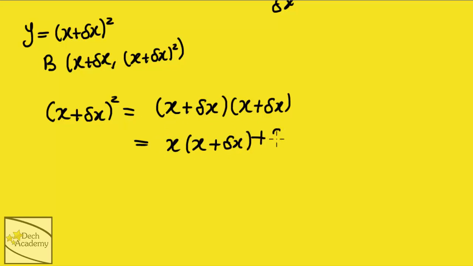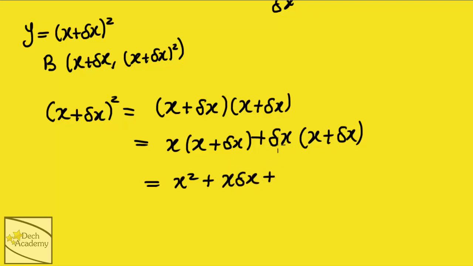And this gives x times x, which is x squared, plus x times delta x, which is x delta x, plus delta x times x, which is x delta x, plus delta x times delta x, which is delta x all squared.